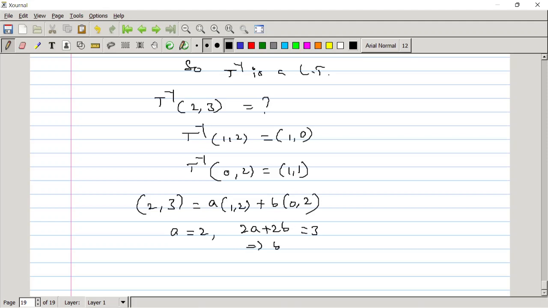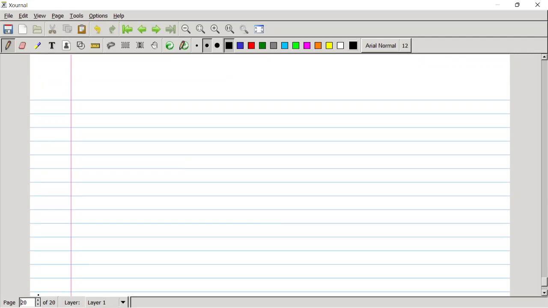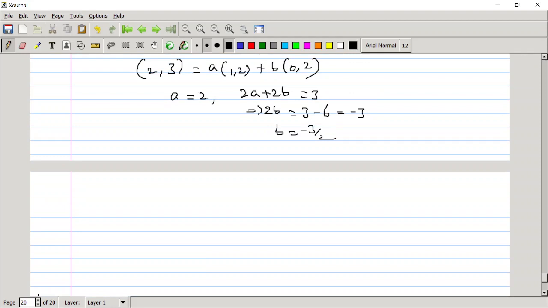That implies b equal to 3 minus 6 over 2, this is minus 3, so b equal to minus 3 by 2. Let's substitute this. We get that (2,3) is 2 times (1,2) minus 3 by 2 times (0,2). Now apply the linear transformation T inverse to this equation.